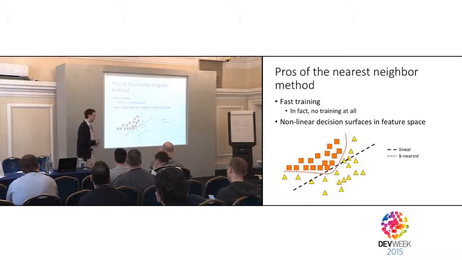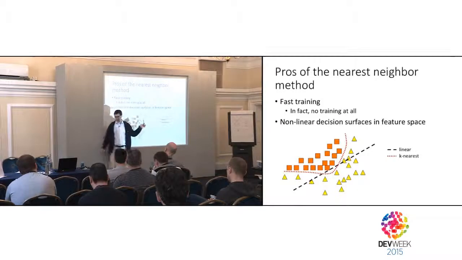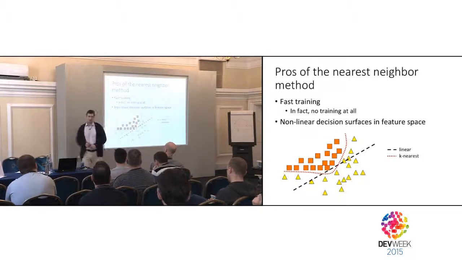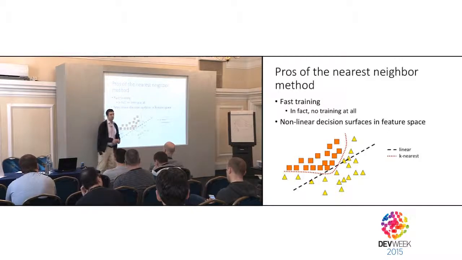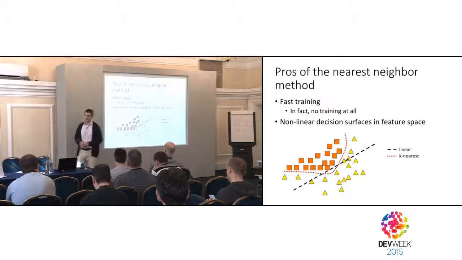Well, at first, for each recognition, you have to search through the whole training sequence. And if it's long, if it has millions of examples, that's quite costly in terms of memory and speed of processing. Yes, there are methods which optimize full search with some kind of hierarchical approaches, but nevertheless, it's a big problem that you have to keep the whole training set and search through it on each recognition step.